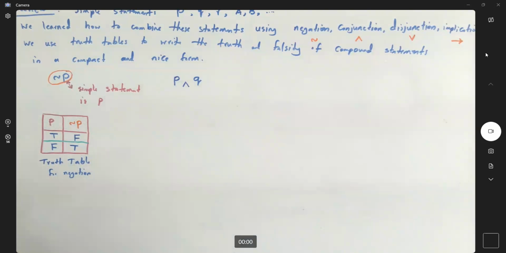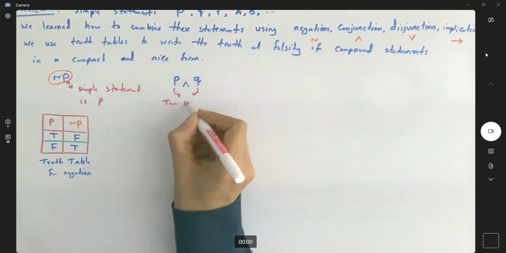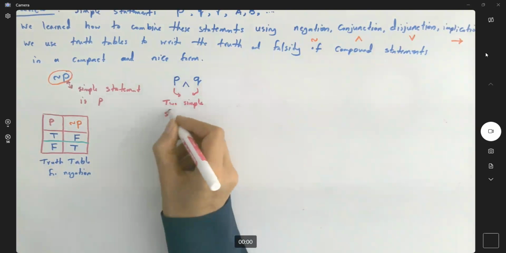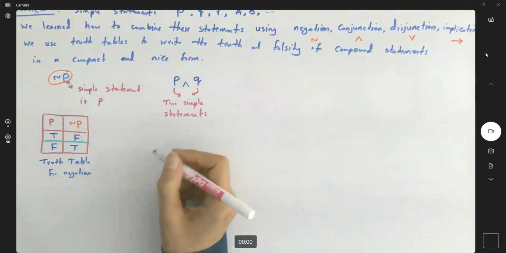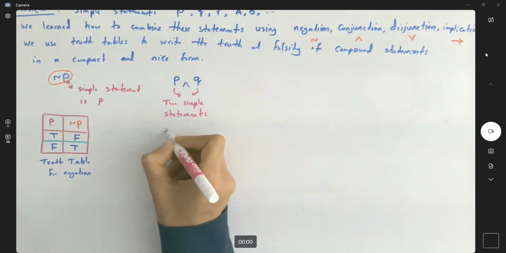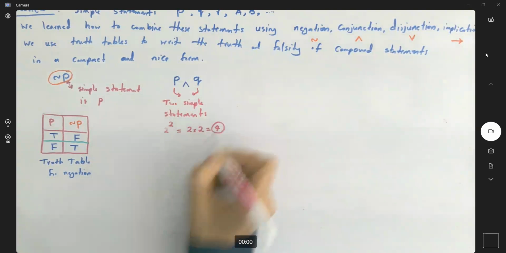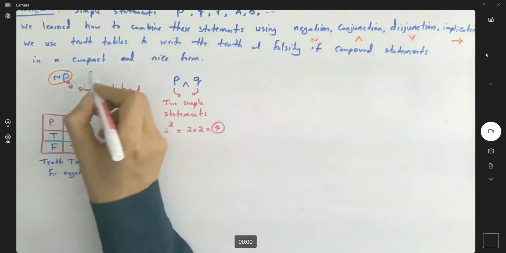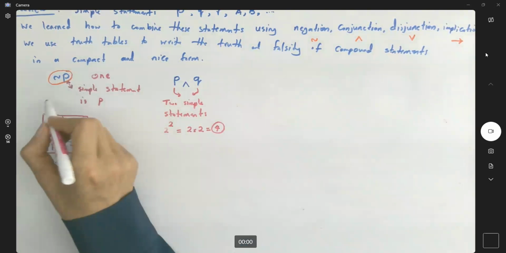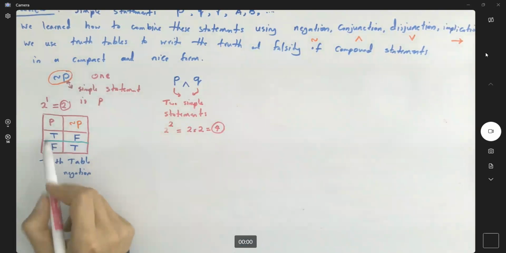You get 4 combinations. So here you have 2 simple statements with 4 combinations: 2 to the second power, or 2 times 2, which is 4 combinations. With just one simple statement, you get 2 to the first, or 2 combinations: true, false.